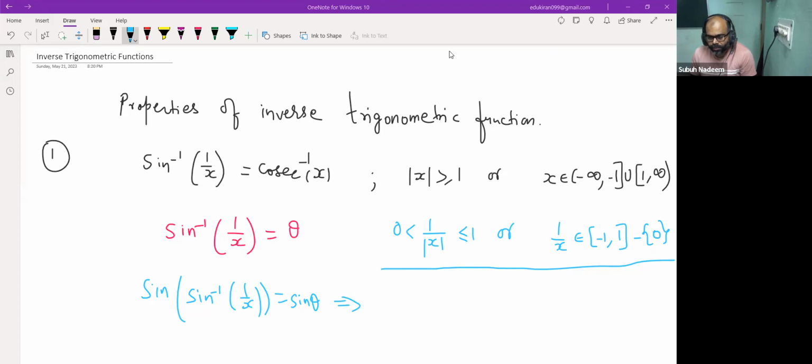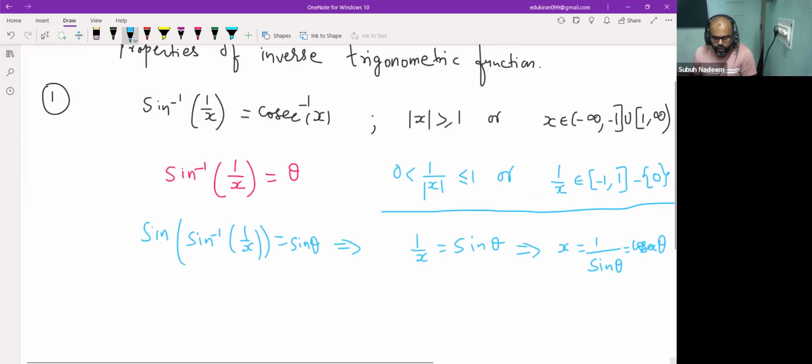Okay. So as we studied yesterday, sine and sine inverse will cancel. And it is 1 by x equal to sine theta, which would mean if you take the reciprocal, that is x, it will be 1 by sine theta, which will be cosec theta, as we know.